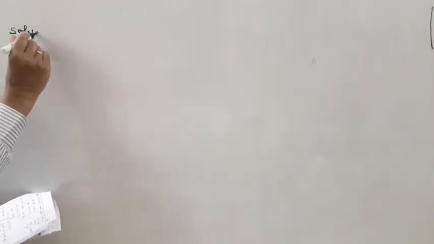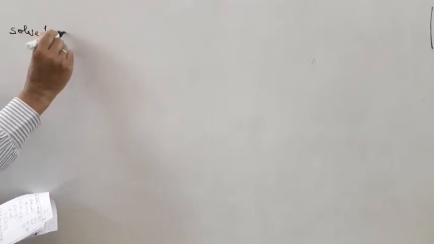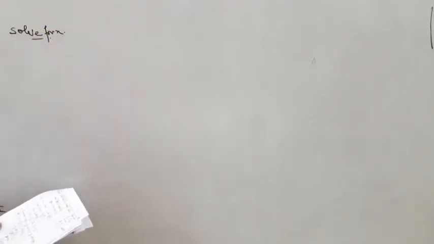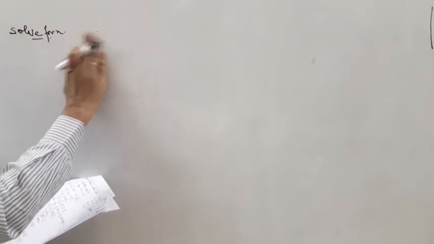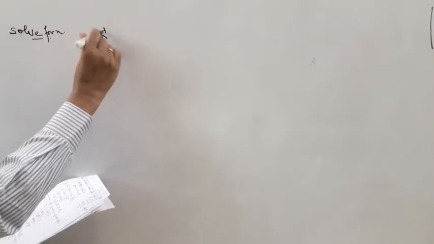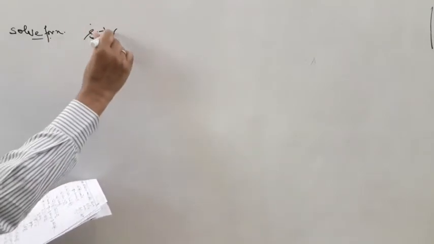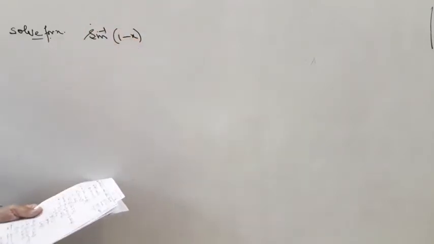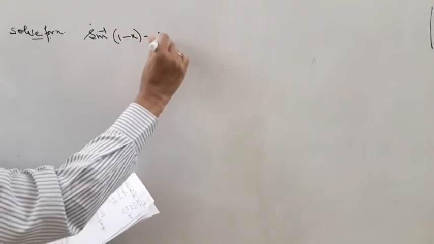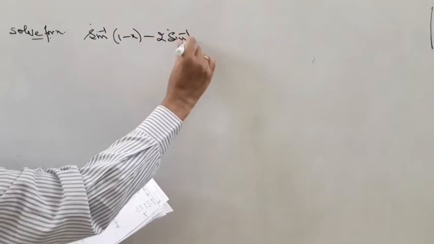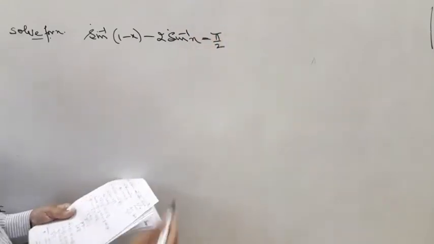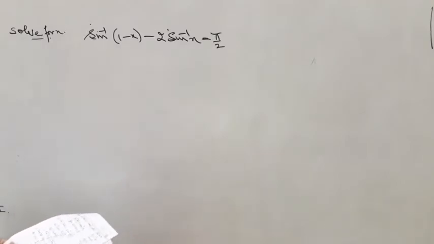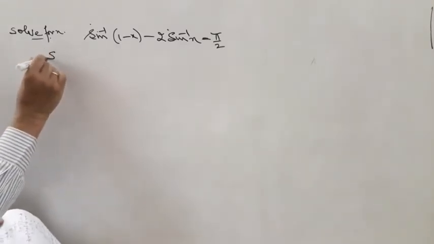Now take another question. Now we have some solution of equations. Solve for x. He says 2 sine inverse of 1 minus x minus 2 sine inverse of x is equal to pi by 2. Find the value of x. That is, we have to solve this type of equation. A very important question.